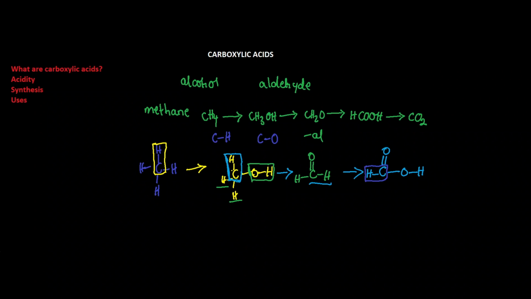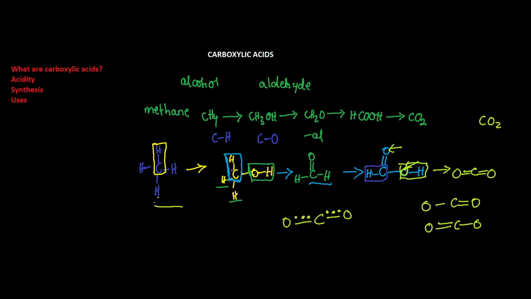Now however, for us to replace it with a carbon-oxygen bond, the bond between oxygen and hydrogen here must be broken. Okay, so we can form a double bond between carbon and oxygen, this oxygen. So we'd have C, then a double bond from here, and the new double bond that we have here. This is the oxidation process all the way from methane down to carbon dioxide.